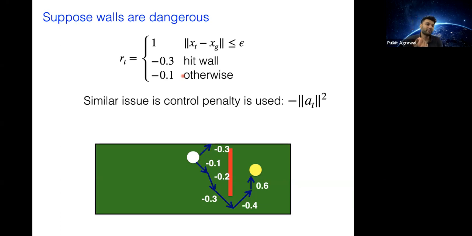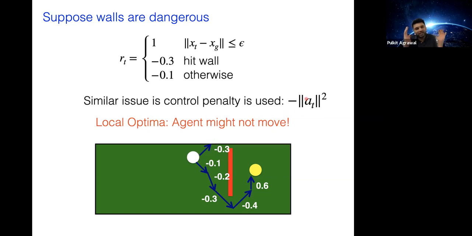But we can inevitably run into similar issues of the agent finding these kinds of hacks, as we saw over here, right? For example, if I have a negative penalty for the energy, the agent might decide not to move at all, because that way it gets very little negative penalty.